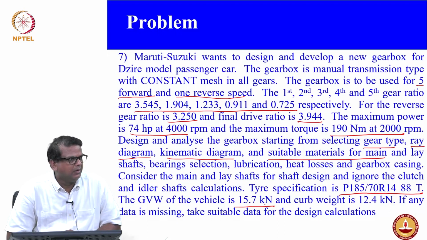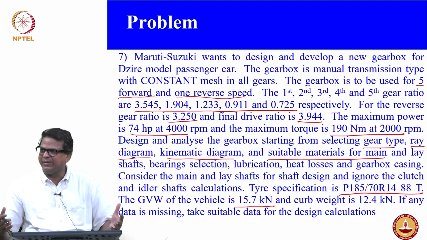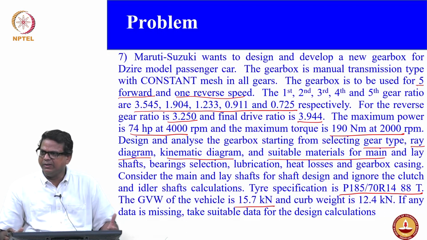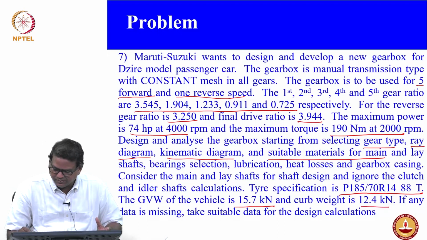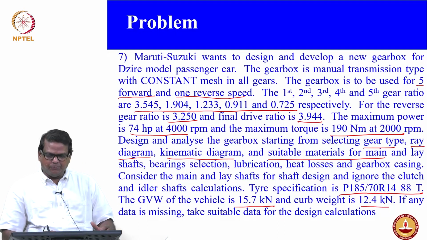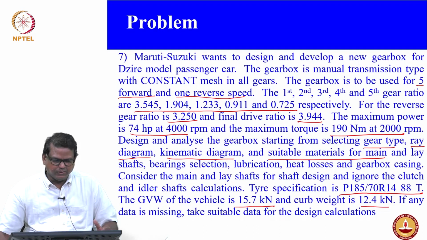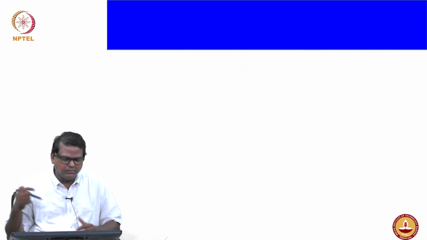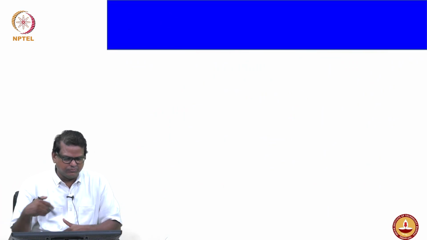GVW means gross vehicle weight, and curb weight generally means the basic weight without any passengers. So we are going to approach the problem in different parts as the lectures move on.